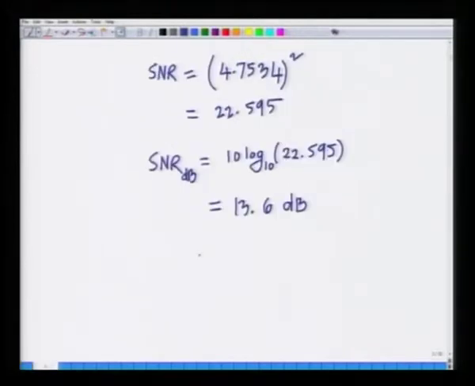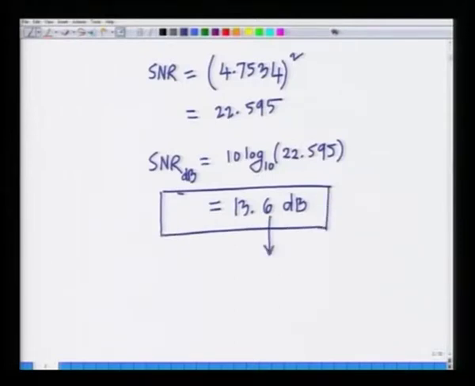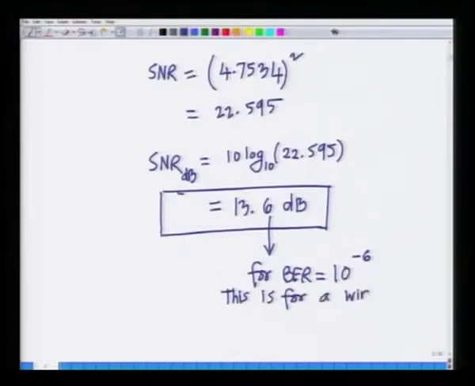We found that the SNR is 13.6 dB for a bit error rate equal to 10 power minus 6, and it is important to remember that this is for a wired communication channel, or a communication channel in which there is a wire between the transmitter and the receiver.